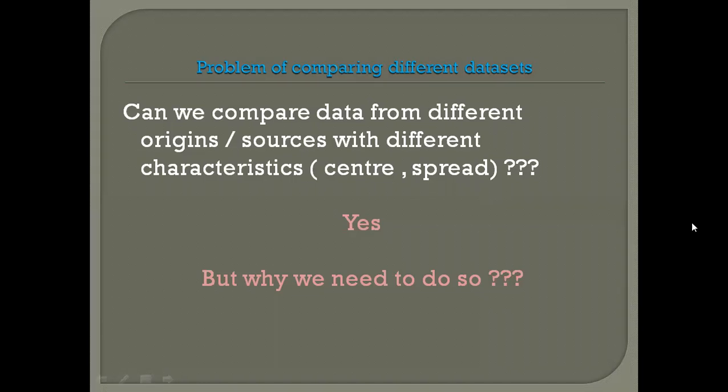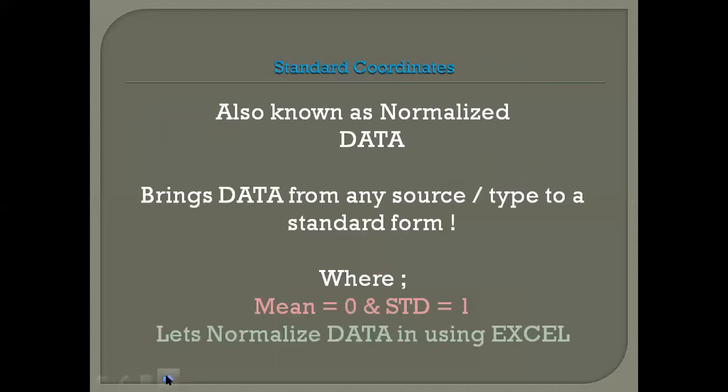Now, in order to compare data from two different sources, this is a very important thing. You must remember that we need to normalize the data. We need to bring data from different sources onto a similar scale, a single or common scale. How do we do this?